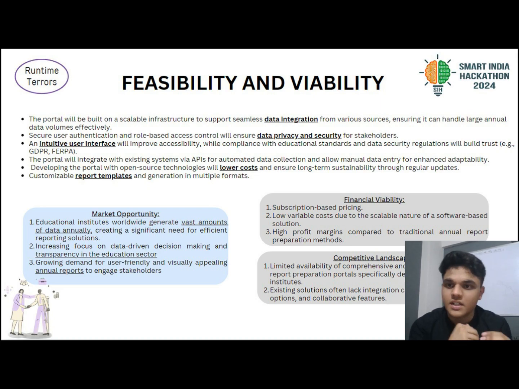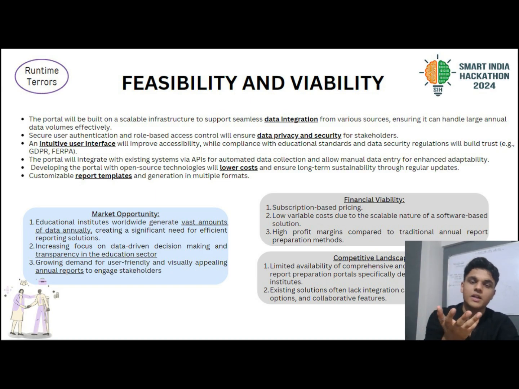We use open source technologies to lower the cost, and there are report templates that give predictions, like tips on how they can improve themselves.